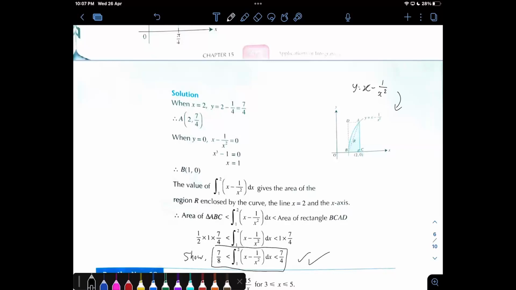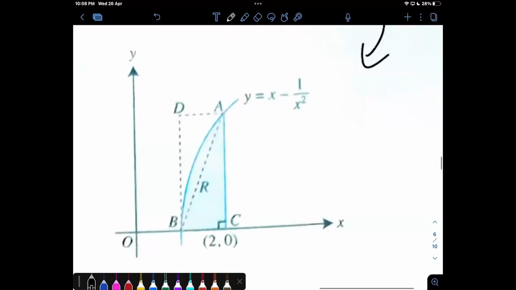Now, this question requires you to examine the diagram and realize that this region R, the area, is actually just bounded between this piece here, I'll use blue color to shade it in, versus that piece there, I'll shade it in red.